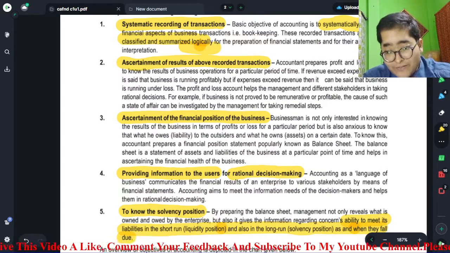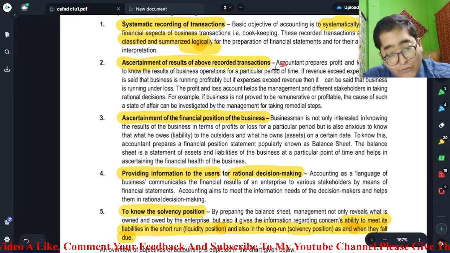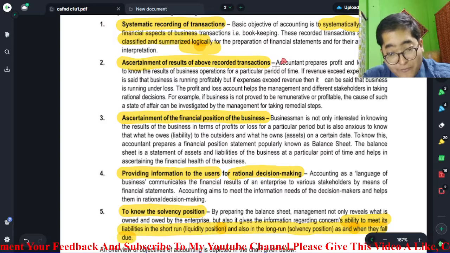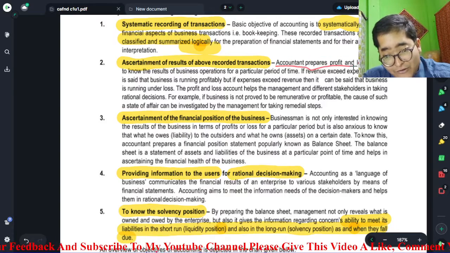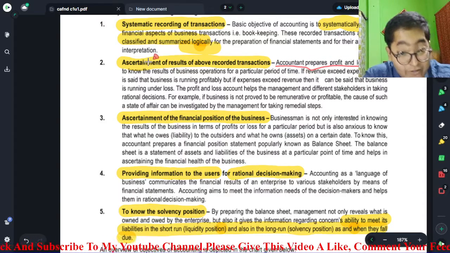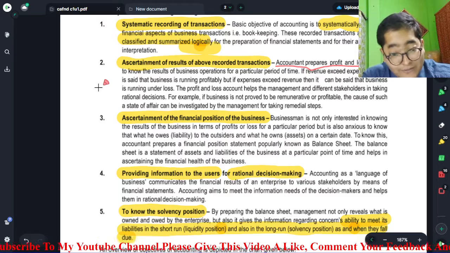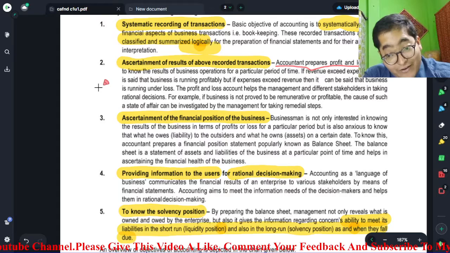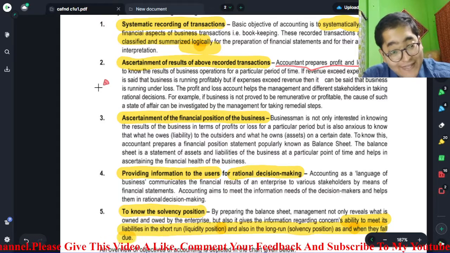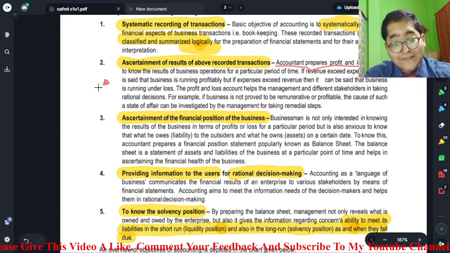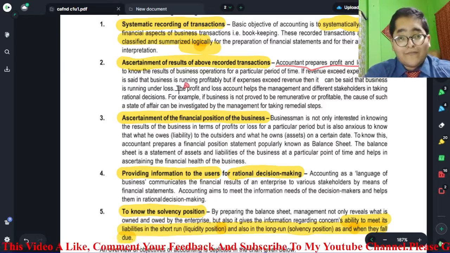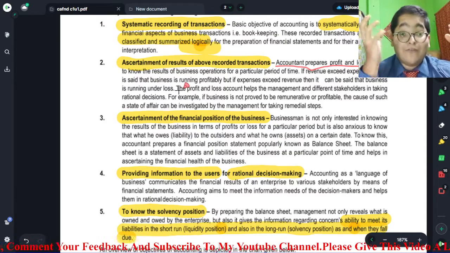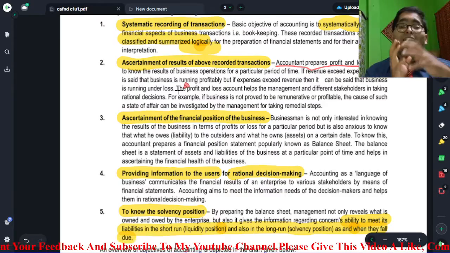So let's come to this point. An accountant prepares the profit and loss account, which you must have created in class 11 and 12, to know the results of business operations for a particular period of time. If revenue exceeds expenses, then it is said that the business is running profitably. Very obvious. What is revenue?